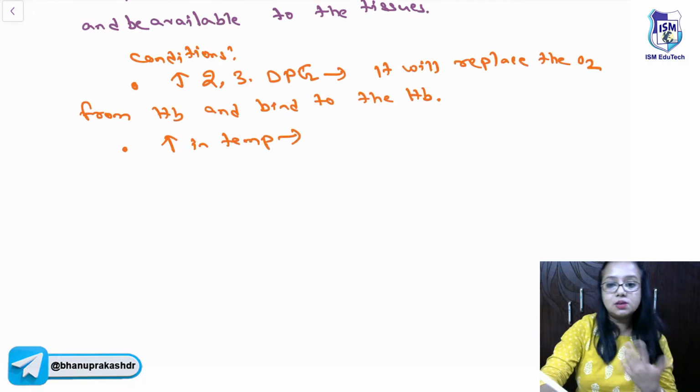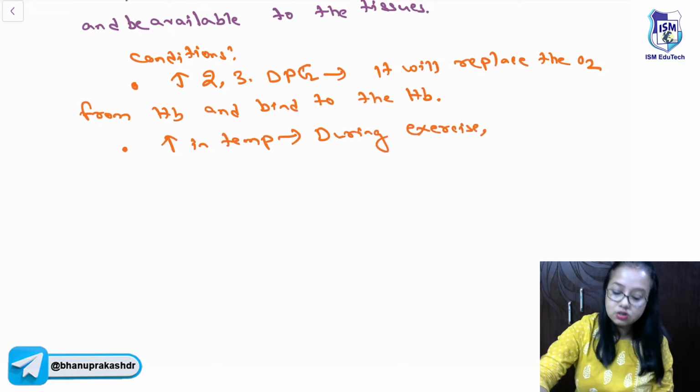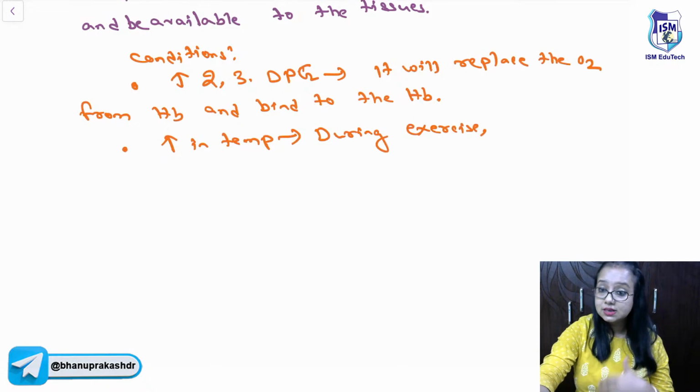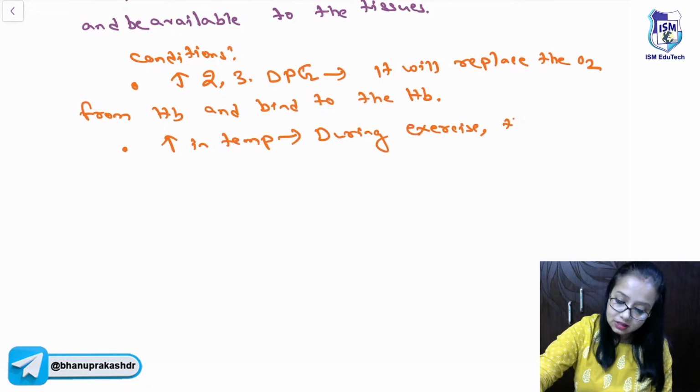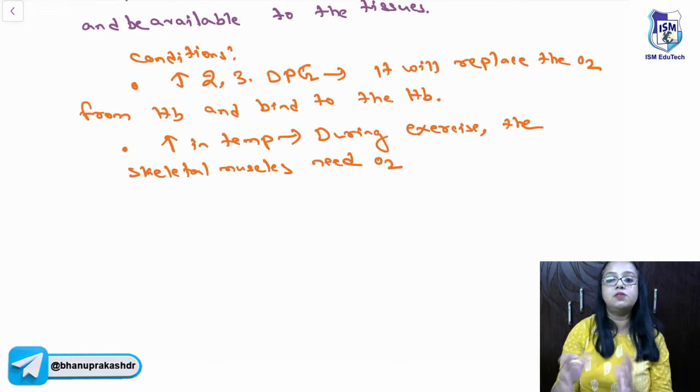Second condition is increase in temperature. Suppose a person is exercising. During exercise, there is a rapid usage of oxygen. So in an exercising tissue, there is always need of oxygen. During exercise, the skeletal muscles need oxygen. So from where will this oxygen come?